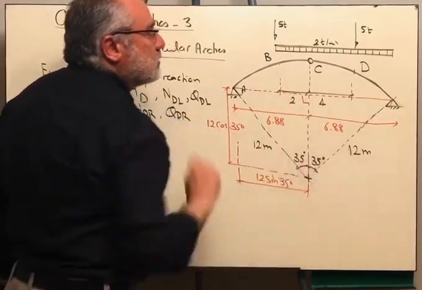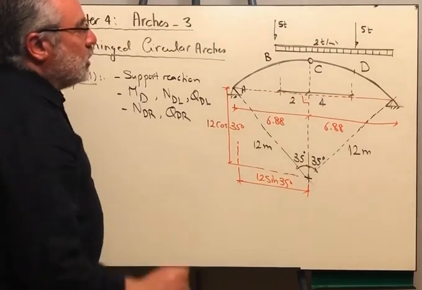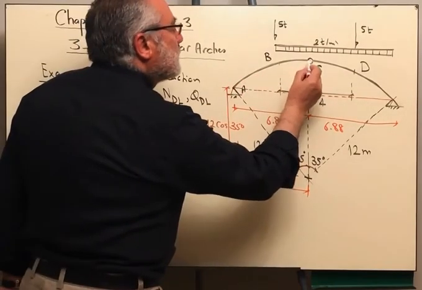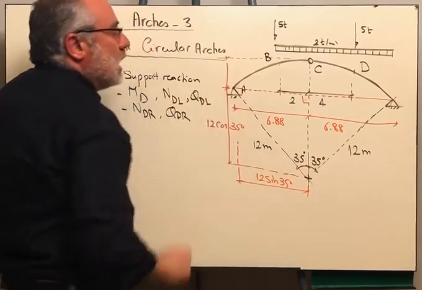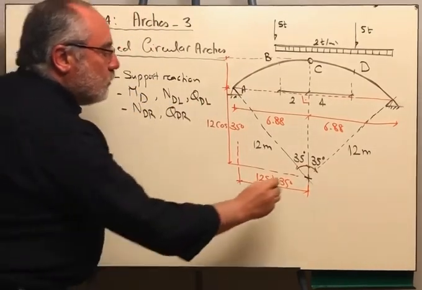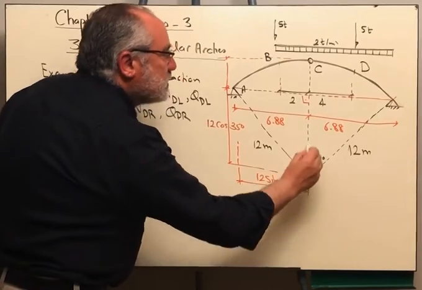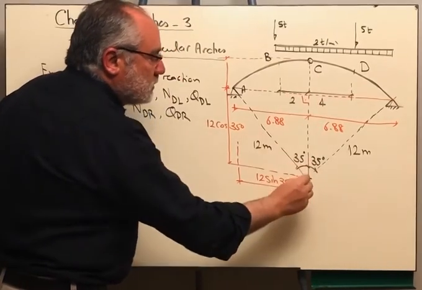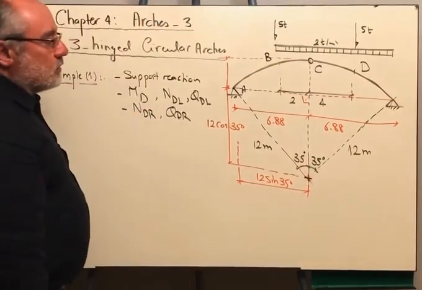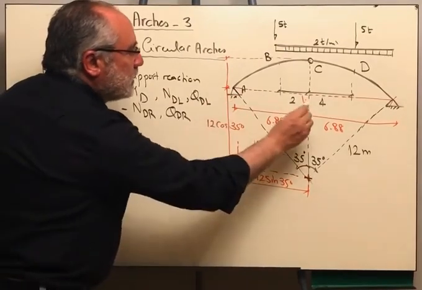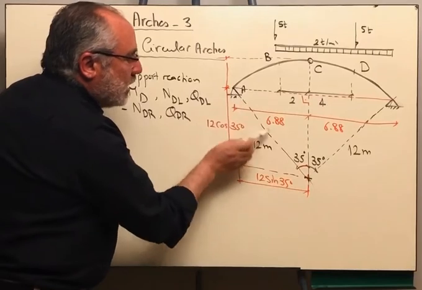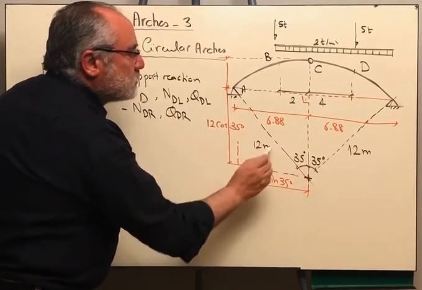You should be able to get the span of the arch. Also, if you would like to get the height of this point, how can I get the height of this point? From the center, I am having this distance here is 12 meters, because this is the radius of the circle. And the distance below, we got it from the right angle triangle, because the hypotenuse is 12 and the angle here is 35.